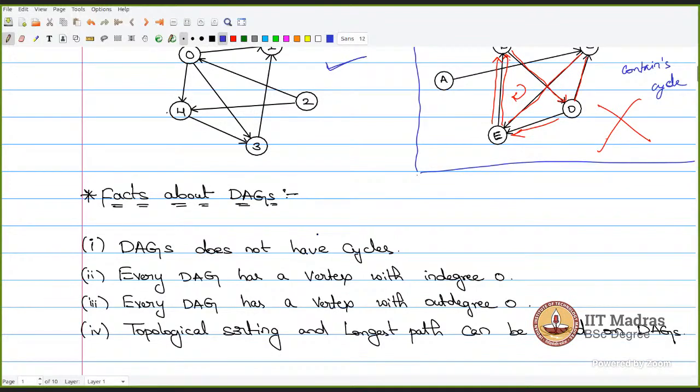So just find the in-degrees and out-degrees of the given graph. If there is no vertex with in-degree 0, you straight away conclude that it is not a DAG. Or if you are unable to find a vertex with out-degree 0, even then we conclude that it is not a DAG.